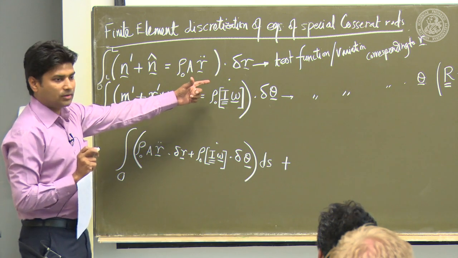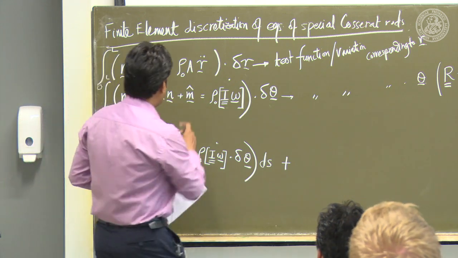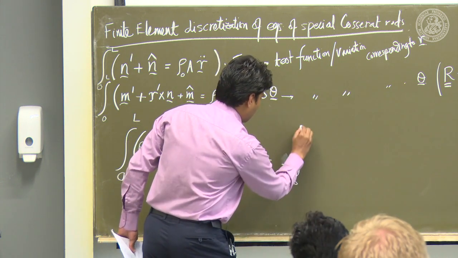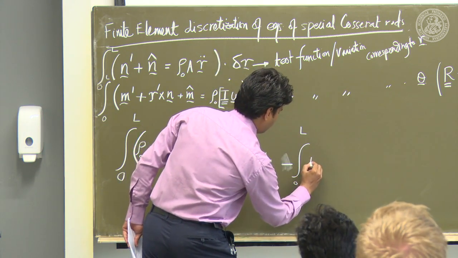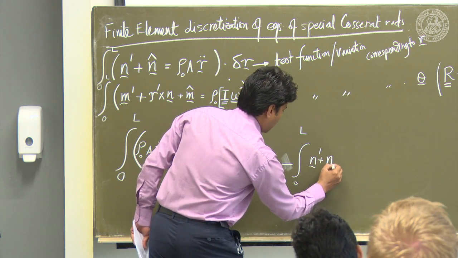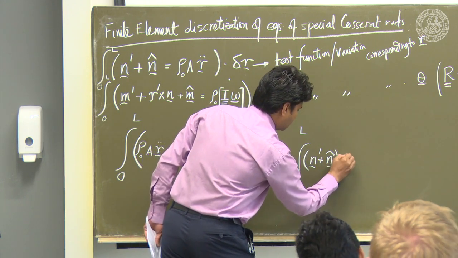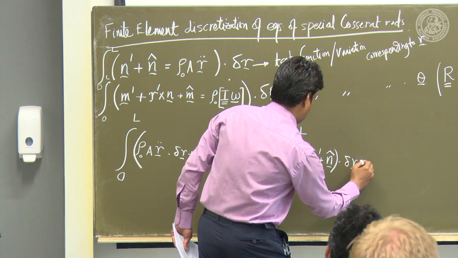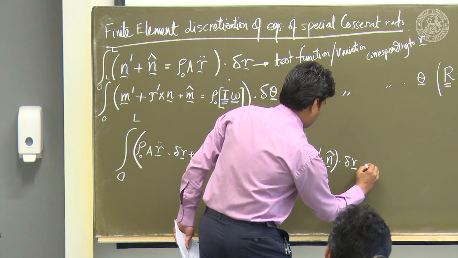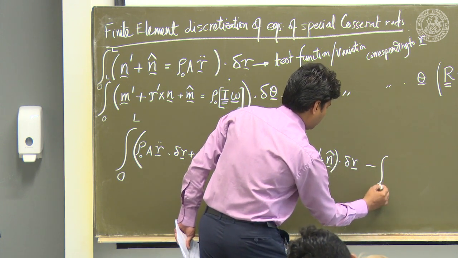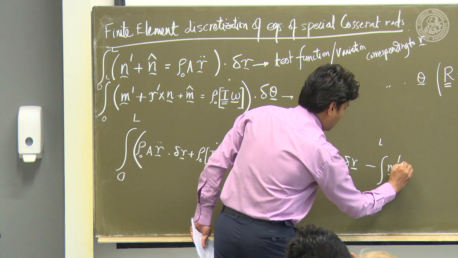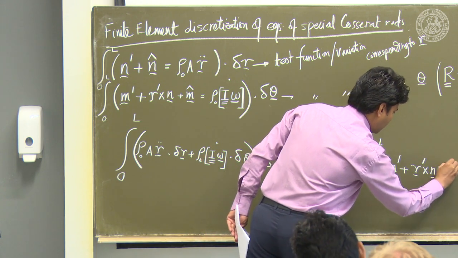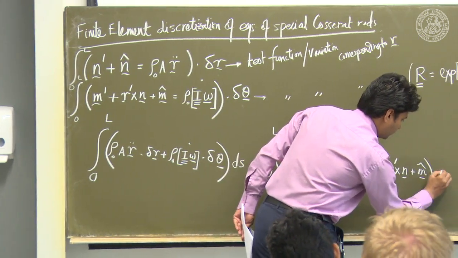Bring them on the other side, these things. So it comes with a minus sign then, minus integral 0 to L of n prime plus n hat dot with del r, and one more minus integral 0 to L of m prime plus little r prime cross n plus m hat dot with del theta.